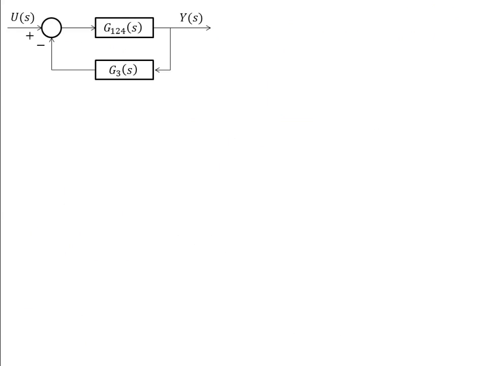After applying this, the resultant transfer function will be in this form, a negative feedback. In the feed forward path we have G124(s), and in negative feedback we have G3(s). If we use the negative feedback loop equivalent function, we will have G1243 equal to G124 over 1 plus G124 G3.